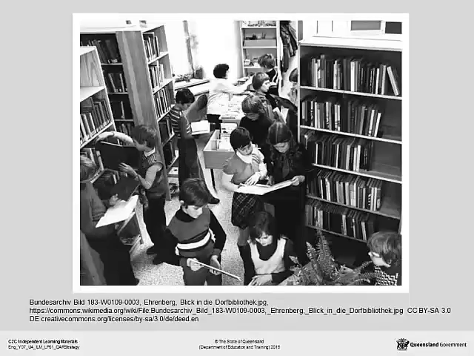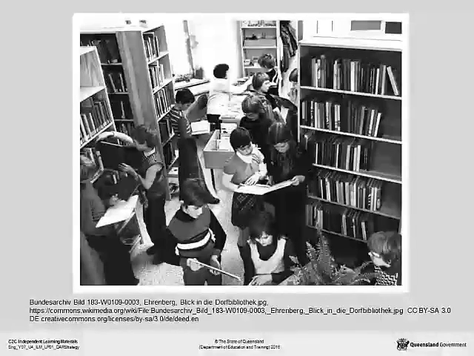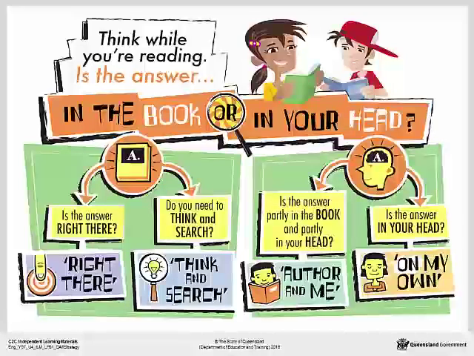You can use the QAR strategy when reading to make it easier to comprehend and unpack the meaning in a text. The QAR strategy divides questions into two categories, and these are in the book questions and in my head questions. Each of these categories is then subdivided into its own two categories.